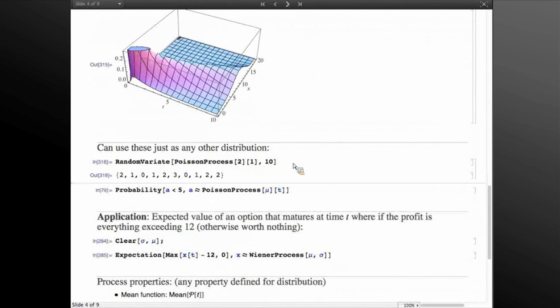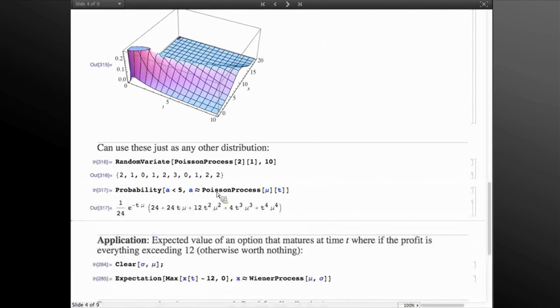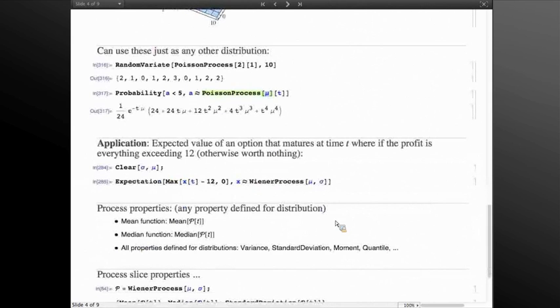I can compute probabilities. So if I slice it at some point t, I can find out what's the probability that the value is less than 5 at that point in time for the process. Now, I kept a lot of things symbolic here, the parameter, the time, and so on. So the answer also includes symbolic parameters.